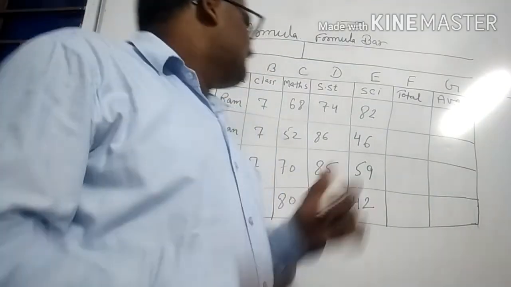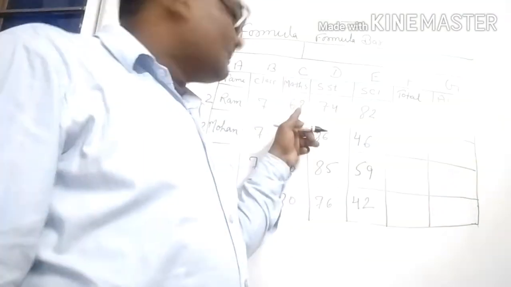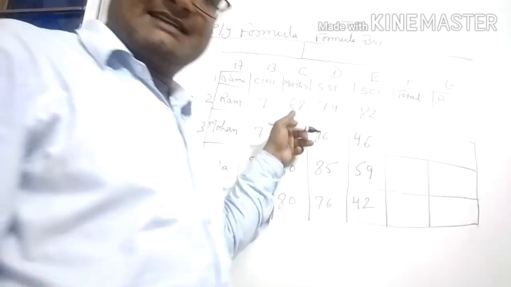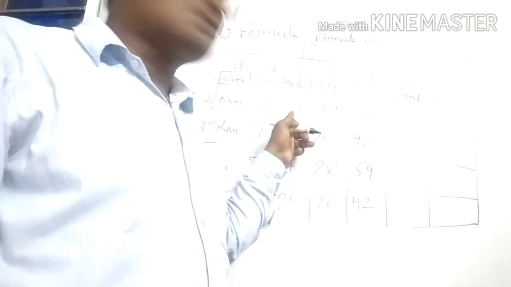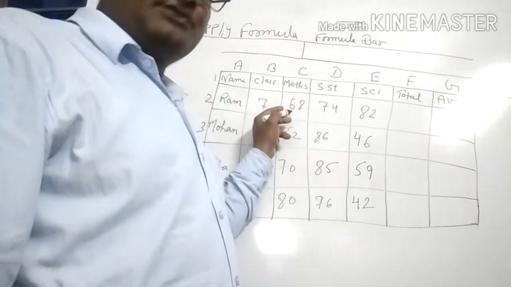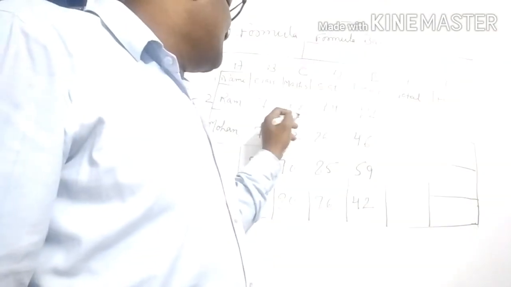What is the cell address of this 68? This is C and this is 2. That means the cell address of this cell is C2.